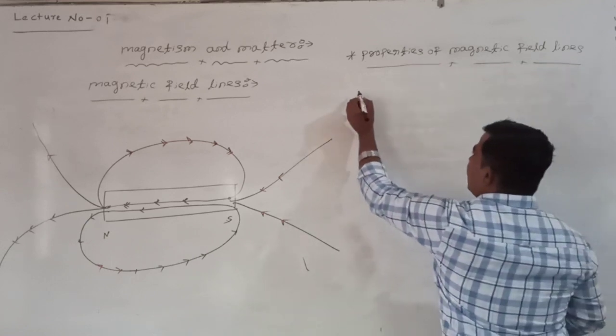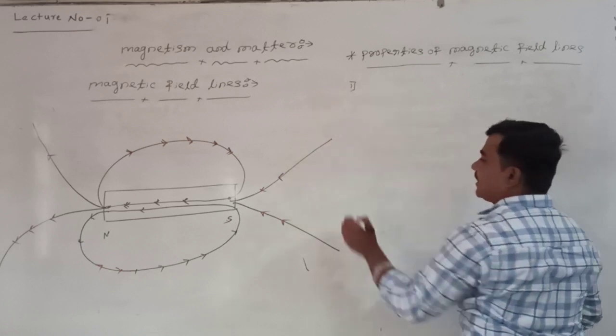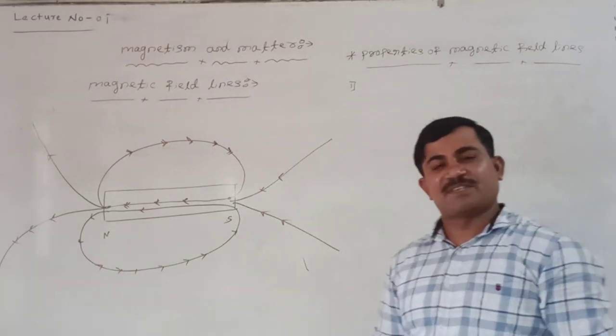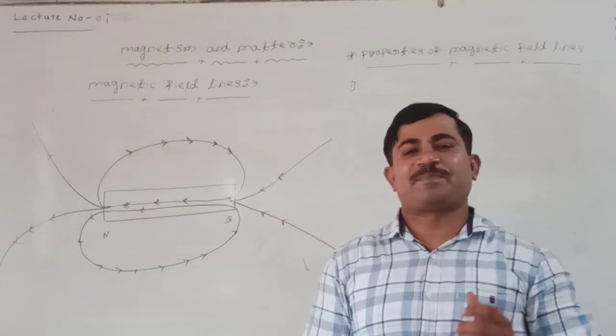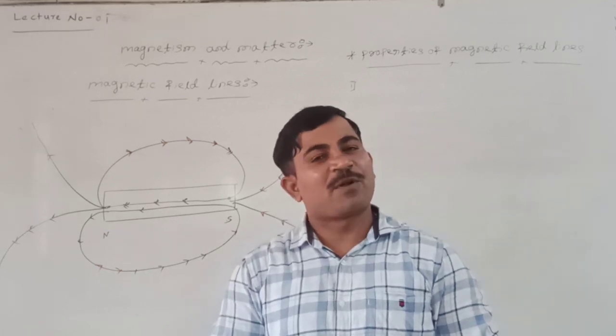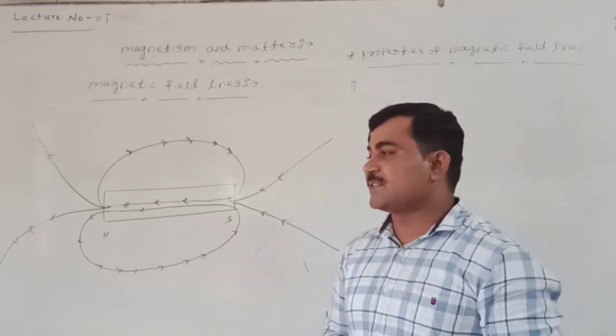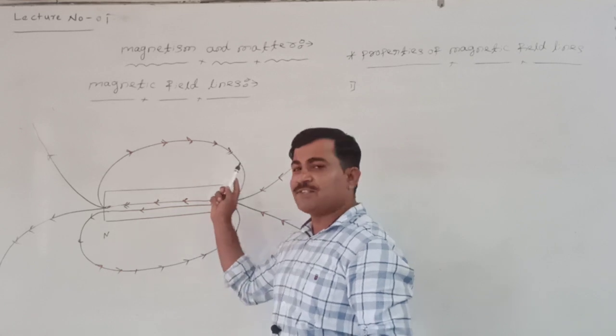See here. Let us take the first property of magnetic field lines. The first property is that magnetic field lines are imaginary curved lines which travel from north pole to south pole outside the magnet and from south pole to north pole inside the magnet.